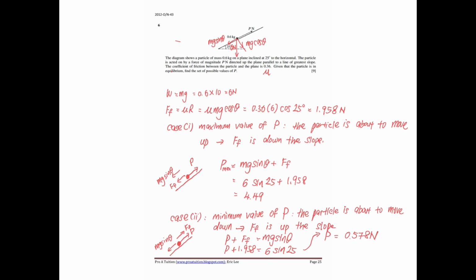From case 2, we get the minimum value of P, and let's say I call it P minimum. And let's see the question again. The question said, find the set of possible values of P. So we just put it in a set. They want inequalities.